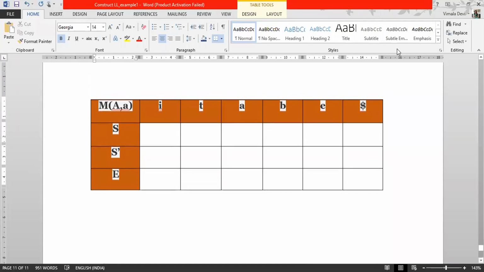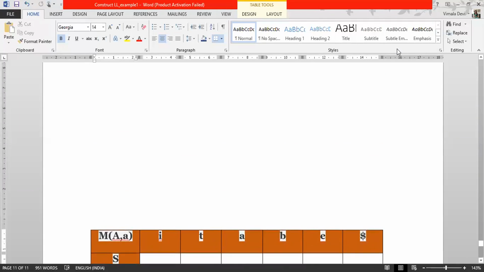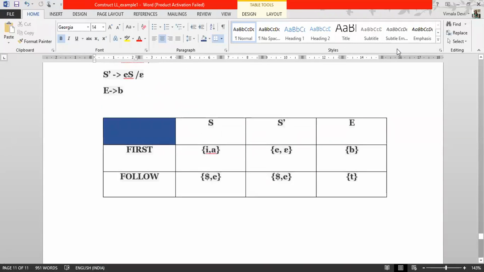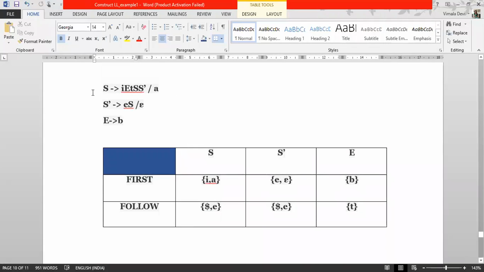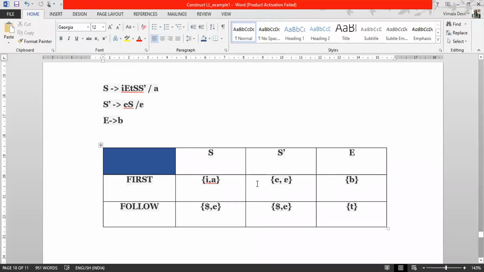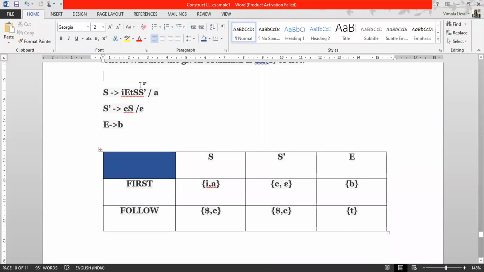Okay, those who have not understood can follow my instructions to fill the table. So consider the first rule. S derives iEtSS'. Only consider that rule. From this rule, tell me what is the first of S. First of S is what?